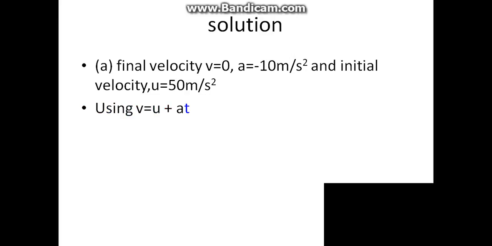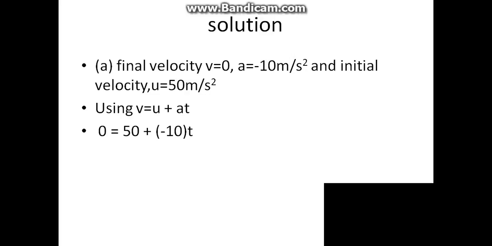Using our first equation of motion, we have that v is equals to u plus at. Substituting the values, we now have 0 equals to 50 plus in bracket minus 10 times t.